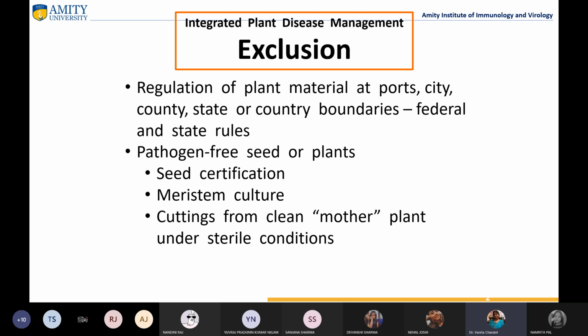So those mother plants should be free from any kind of pathogens, because if they are free, then definitely the plants that we are growing in the field will be free from the pathogen at the initial stage. If they are already infected, we are carrying the pathogen forward directly to the field, right? So we need to be very careful in the beginning to avoid it.